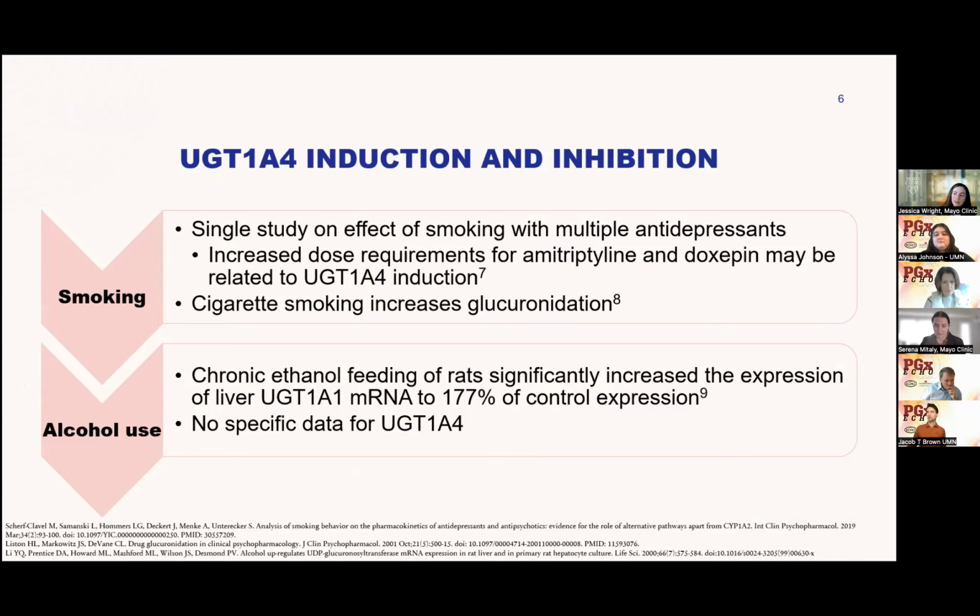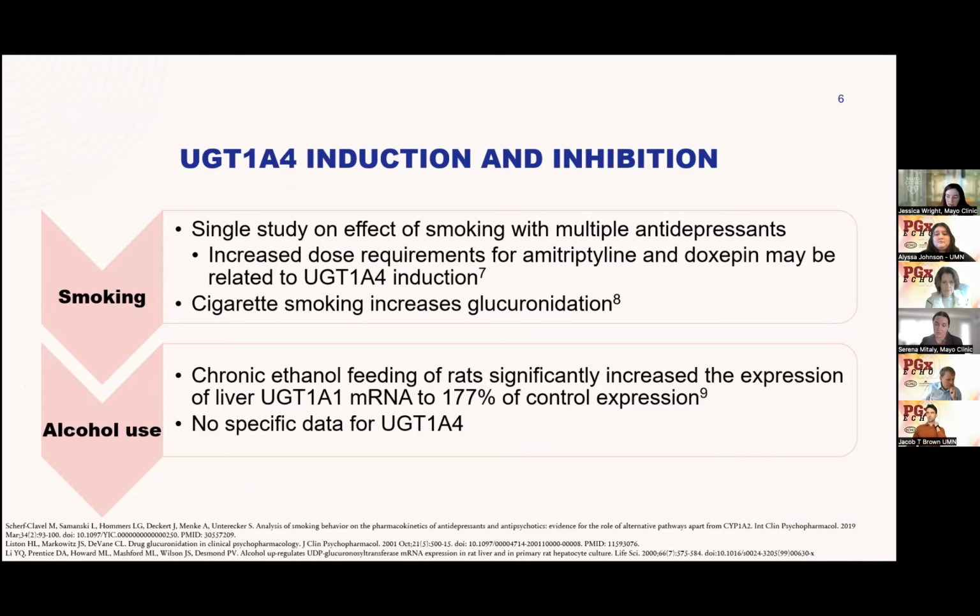So what about posaconazole and UGT1A4? Well, it looks like smoking has not been studied so much, and the same with alcohol use. For smoking, there was just a single study that looked at multiple antidepressants, and it concluded that there was an increased dose requirement for amitriptyline and doxepin, and perhaps that's related to UGT1A4 induction.